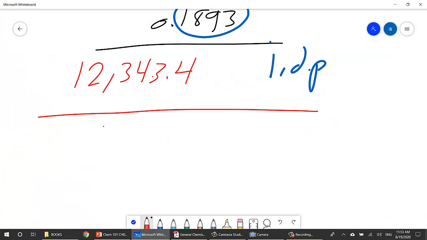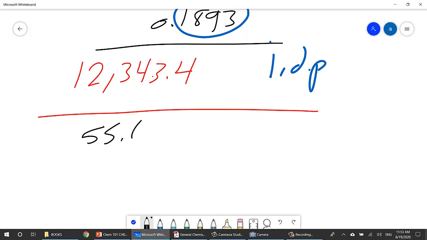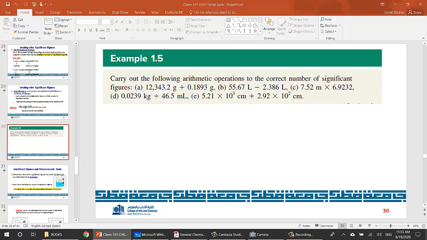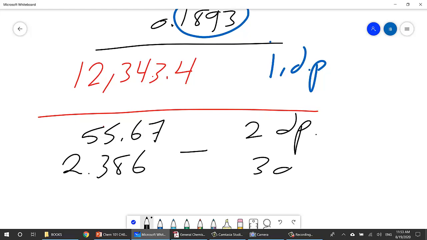55.67 minus 2.386. Again, this one has 2 decimal places. This one has 3 decimal places, and your final answer should have how many?